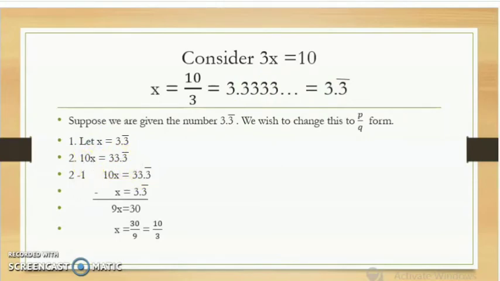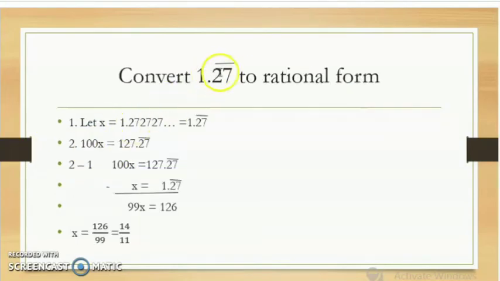Now in the second case there are two repeating digits, so we take x to be 1.27 bar. Again, since there are two repeating digits, we take 100x. Multiplying by 100, we get 127.2727. So we have 127.27 bar.